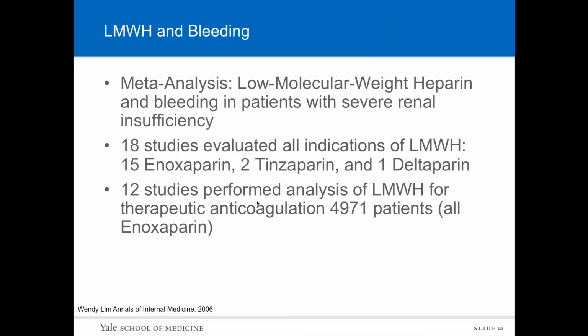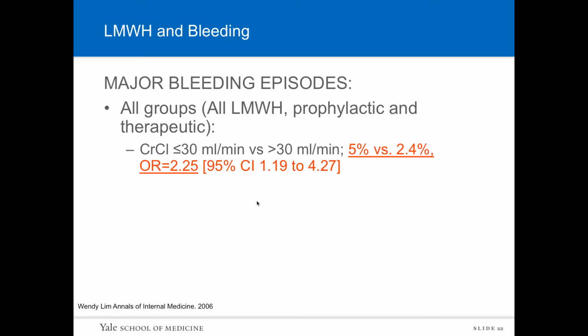So what are the problems with this? Well, there is increased bleeding. This meta-analysis from 2006 looked at low molecular weight heparins and bleeding in patients with severe renal insufficiency. They looked at 18 studies for all indications of low molecular weight heparins, which included 12 studies for therapeutic anticoagulation for deep venous thrombosis.